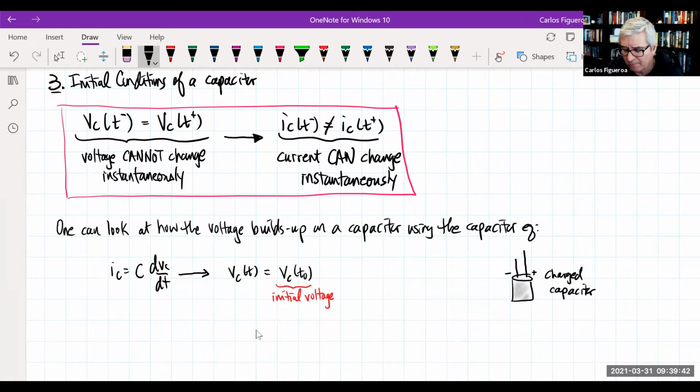And so a charged capacitor, of course, has voltage on it. So this capacitor will hold on to that voltage or to that charge.